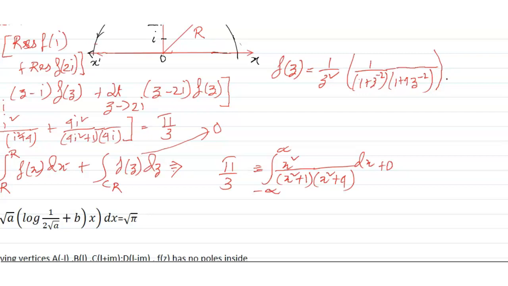This is the value, and the limit as mod z tends to infinity, as R tends to infinity, so z tends to infinity, the integral over C_R of f(z) equals 0.